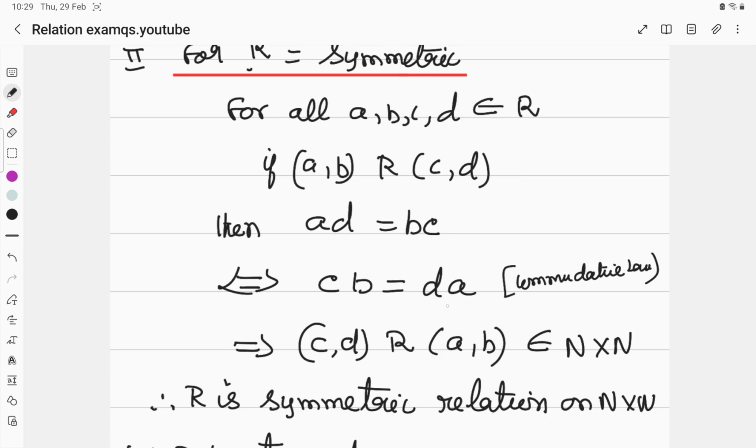Which implies cb = da. Therefore, (c, d) related to (a, b) for all N cross N. Hence, R is symmetric relation on N cross N.